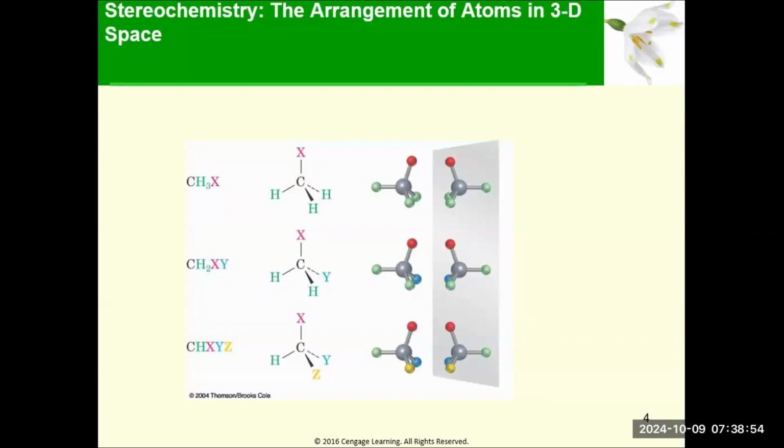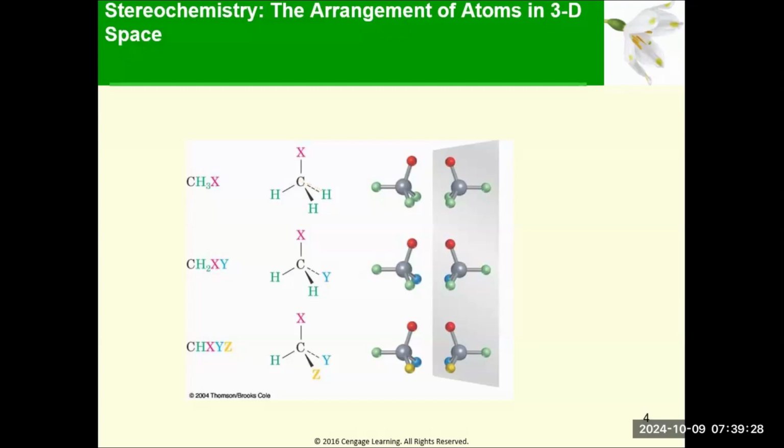All right, so stereochemistry. What exactly is stereochemistry? Stereochemistry is the arrangement of atoms in 3D space. And so you're actually seeing the orientation of the individual atoms. Like if we look at the first example, we see that the hydrogens here are ones going in front and then the other one's going behind.